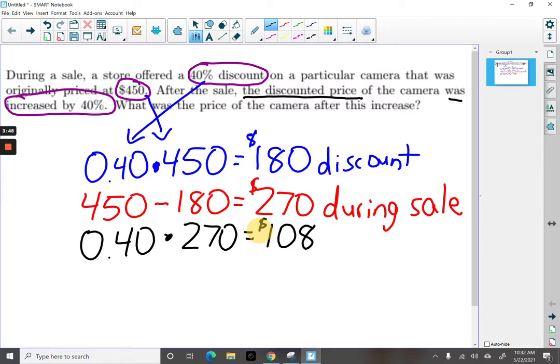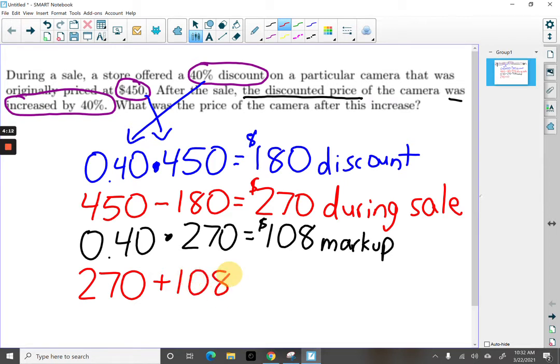This $108 is the amount of markup, or another way of saying it, the amount that we are increasing the price of this camera by. So just like before, our second step is to take the amount that we had, but since it's the markup, we're going to add on that 108. Gives me $378. And that is my final price for this camera.